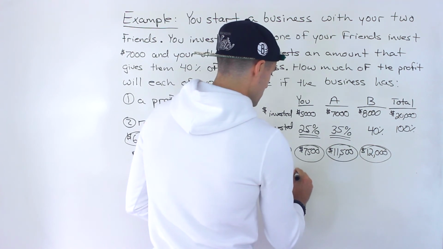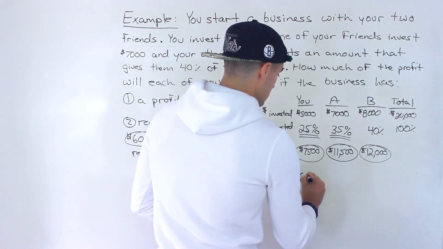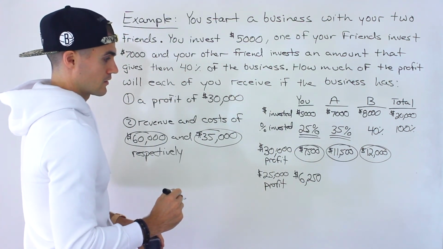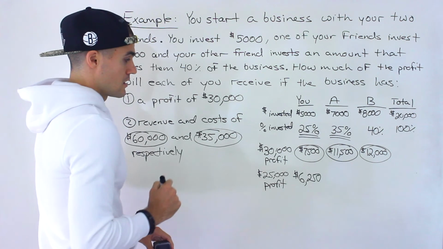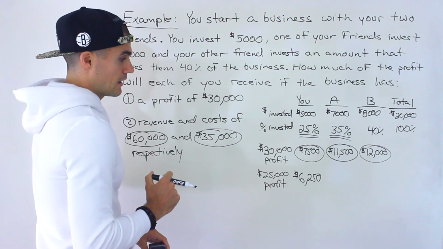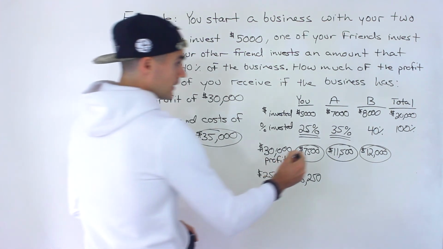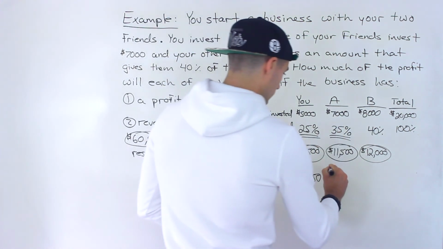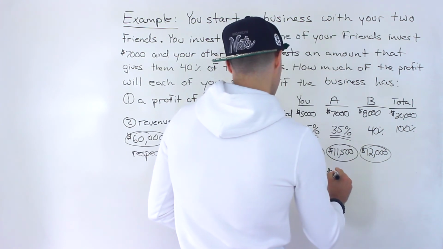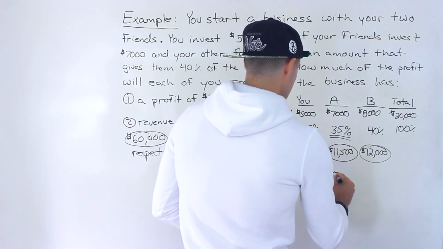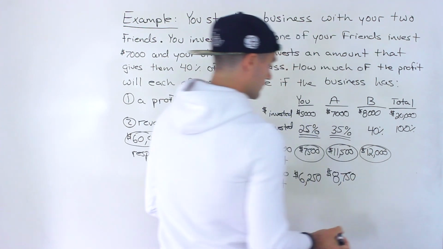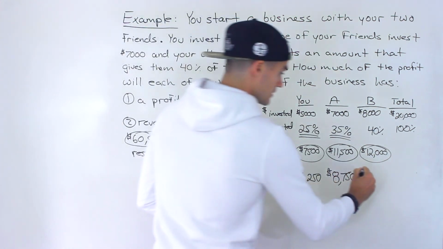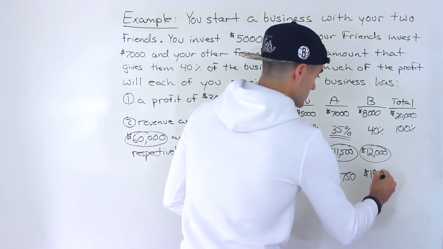Well, that's going to be 6,250. And you just keep multiplying the percentages like that. And then what is 35% going to be of 25,000? That's going to be 8,750. And then 40% of 25,000 is going to be 10,000.